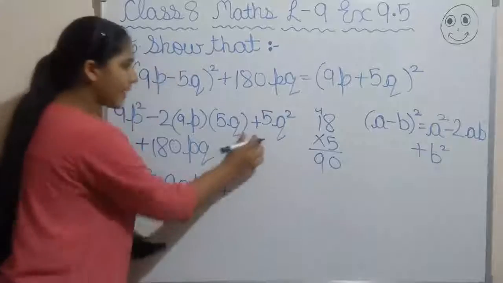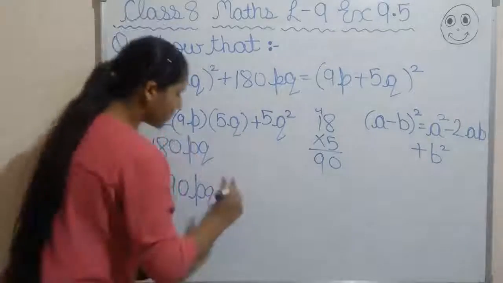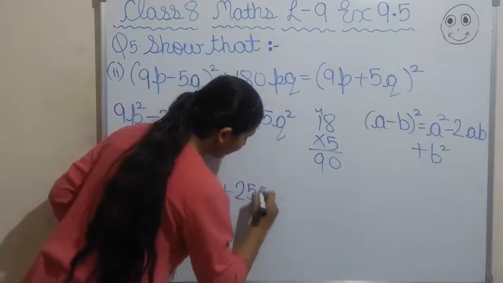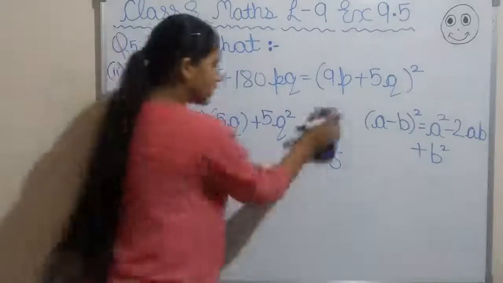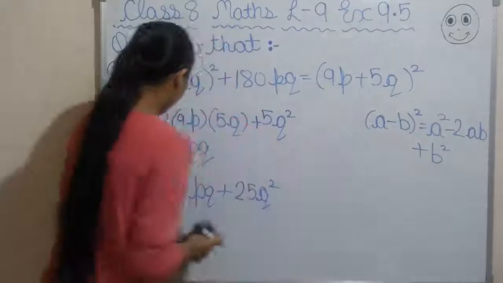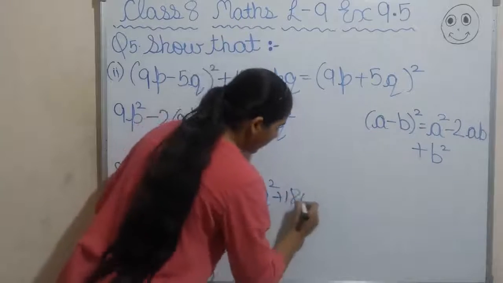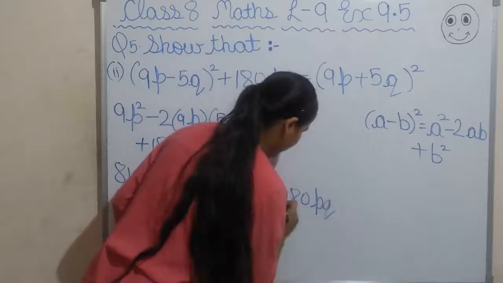Then plus as it is 5q square, 5 fives are 25, so 25q square, then plus 180pq as it is.